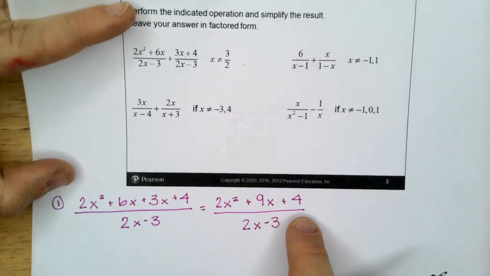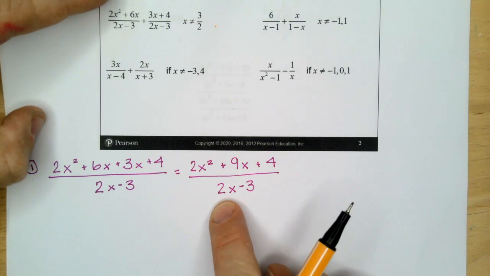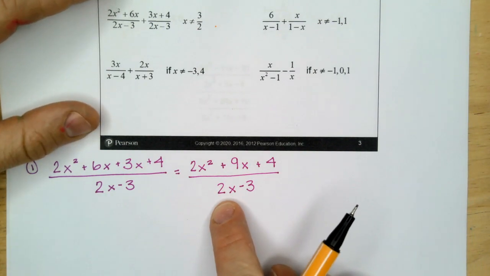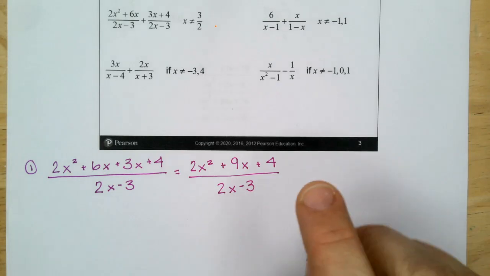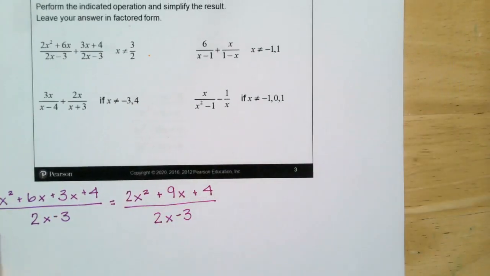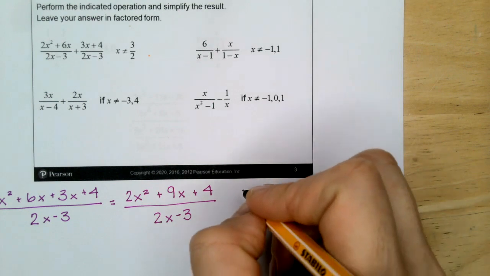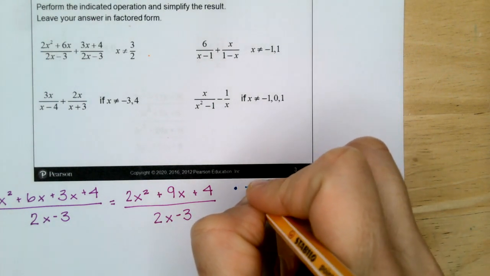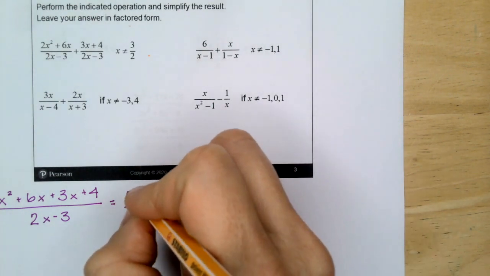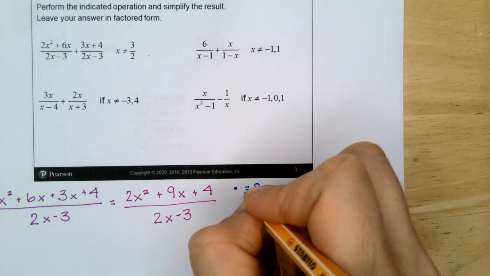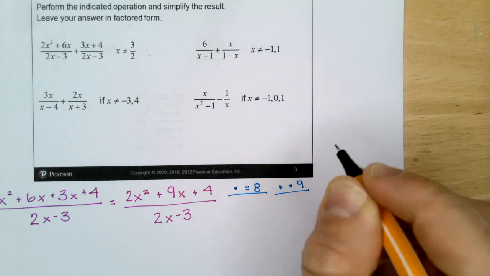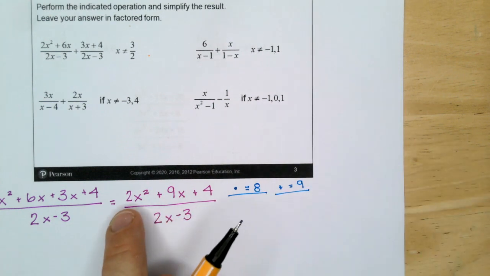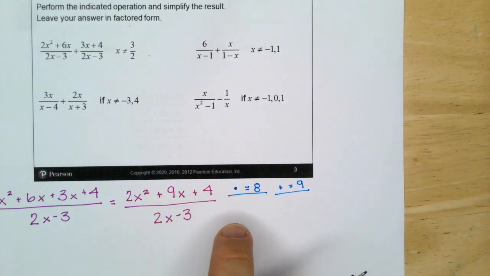Now you still want to make sure though that you cannot factor out a 2x minus 3 from the top. Good? So what is 2x squared plus 9x plus 4? Multiply to equal 4 times 2, which is 8. We need it to add to equal 9. So we're just making sure we can't make any factor pairs of 2x squared plus 9x plus 4.